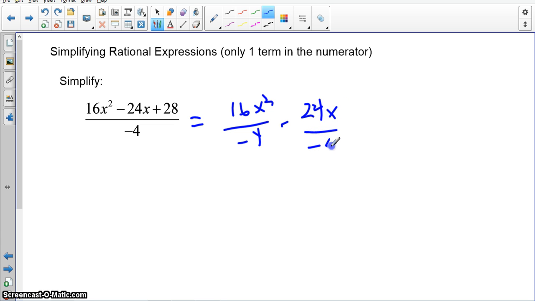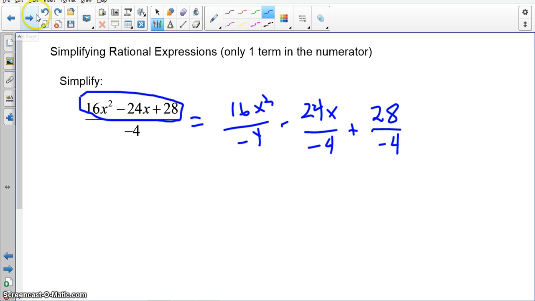It's really the distributive property, because dividing is the same thing as multiplying by the reciprocal. So this is the same as all that stuff times negative 1/4. So it's really the distributive property when you put the negative 4 with everything.